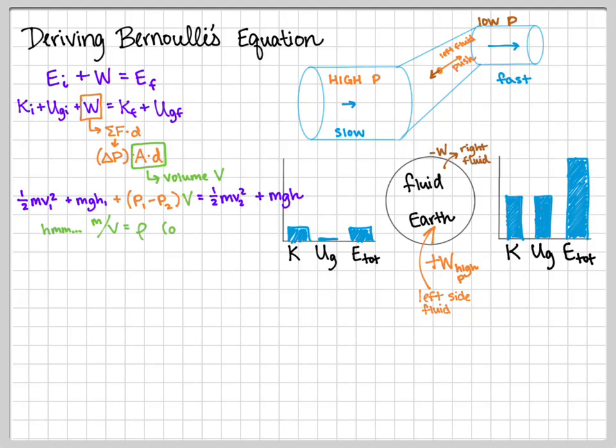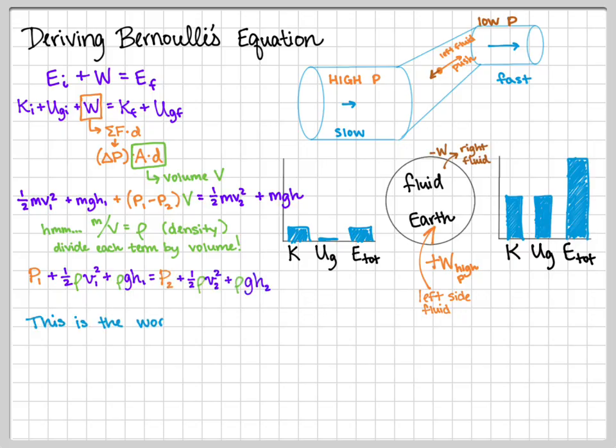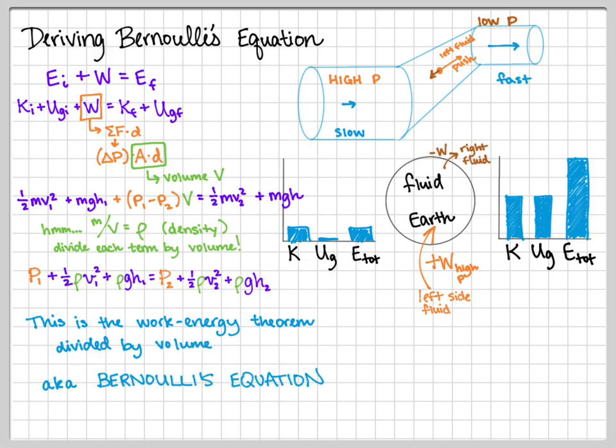So do a little bit of cute algebra there. And then we can divide everything by volume. And this is the equation that is on your equation sheet. This is Bernoulli's equation, but it's just a little bit of algebraic manipulation from the work energy equation.